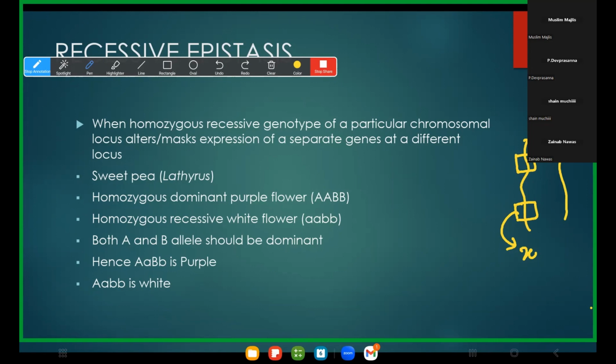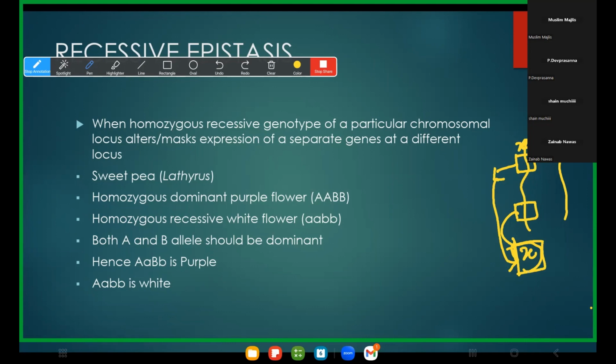But here, the homozygous recessive genotype would mask the expression of the other characteristic. If we have a recessive gene here, then it would stop the expression of this other characteristic.